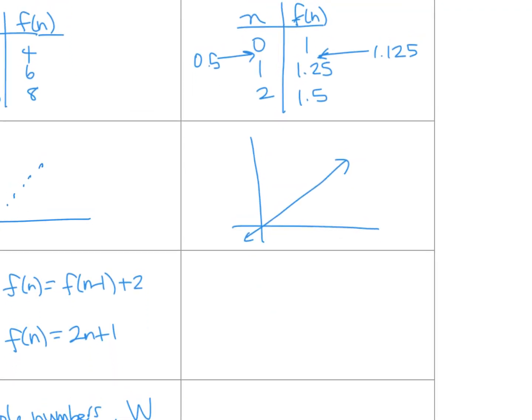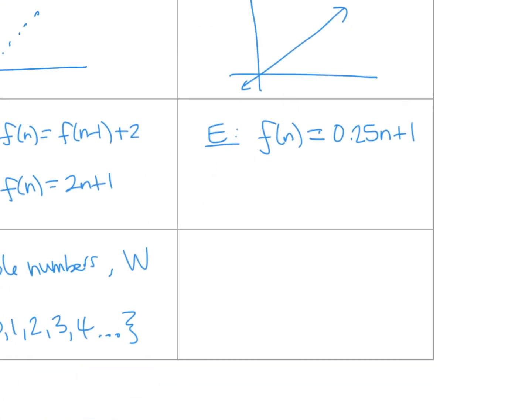For continuous, we cannot do a recursive version because recursive is for sequences, and sequences are only discrete functions. So if it's a continuous function, I can only use an explicit equation. So I would write something like f of n equals my pattern 0.25n plus my zero term. How would this look in our domain?